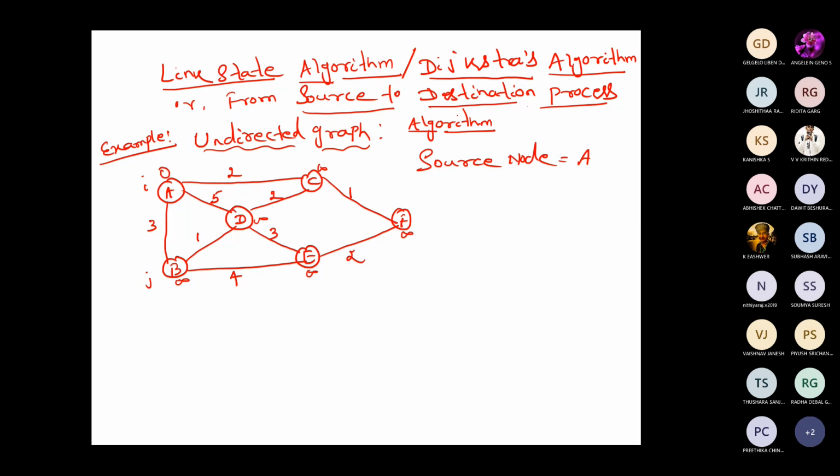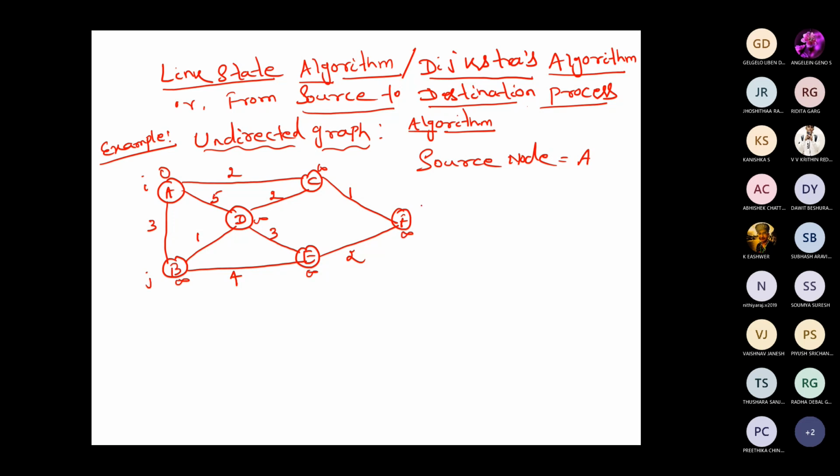Then what formula are we using? dj: suppose I want to update the distance of node B or C or D, that is your dj. So dj is nothing but d of i plus c of ij, the cost. d of j or d of i, any subscript you can use, but the formula is d of i plus c of ij.